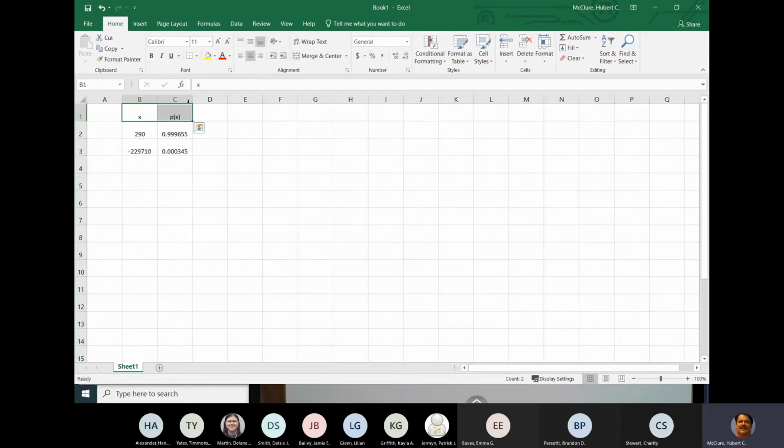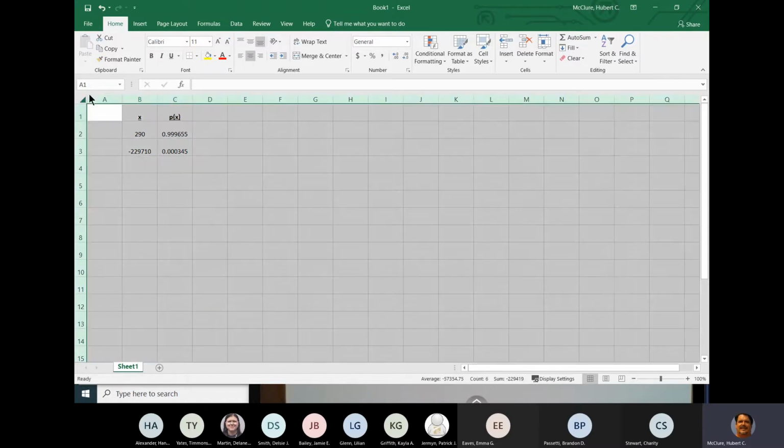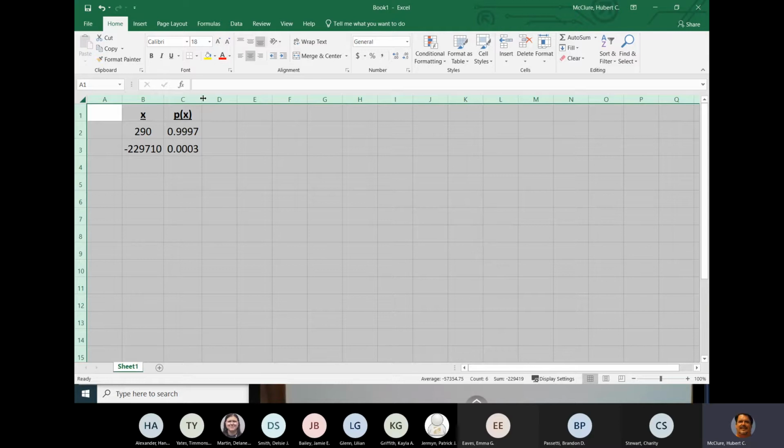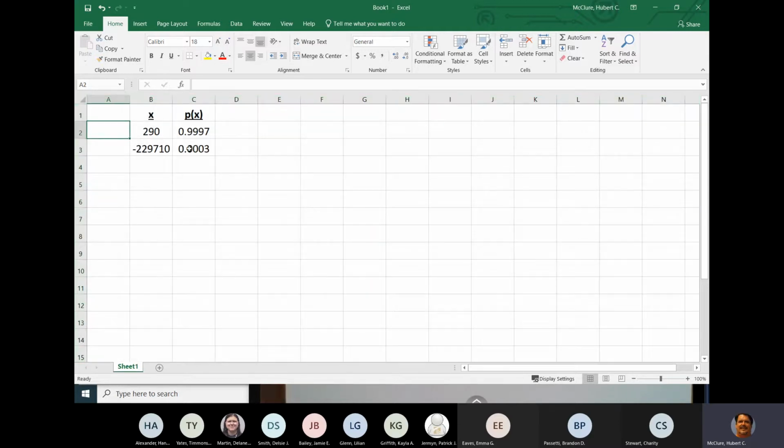And might as well do this too. So underline and make it a little bit bigger. There we go. And I'm just going to put right here, lives or dies. So this right here is our actual chart. There's our chart right there.